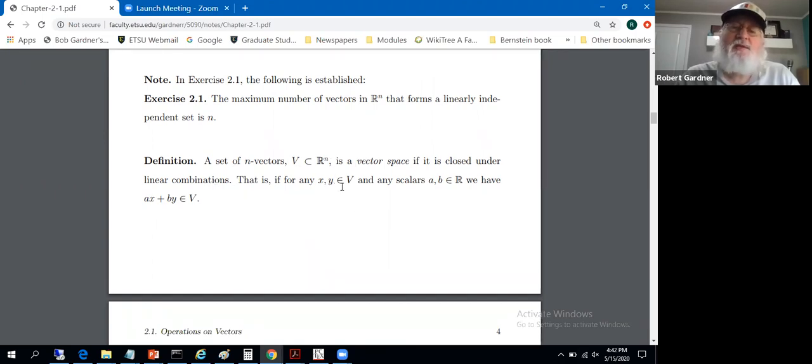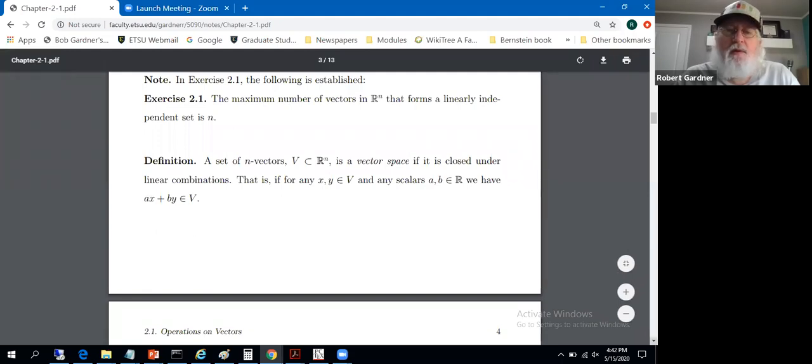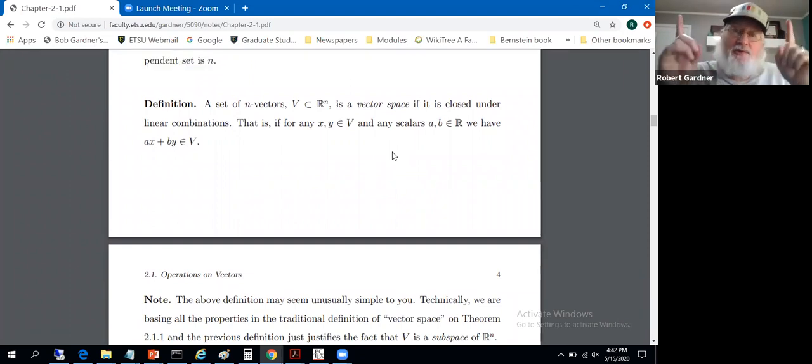That is, if x and y are in this set of vectors, then for any scalars a and b, the linear combination ax plus by is in V. Now, they're not defining vector space in this book as generally as I did, or as Fraleigh and Beauregard do in linear algebra.